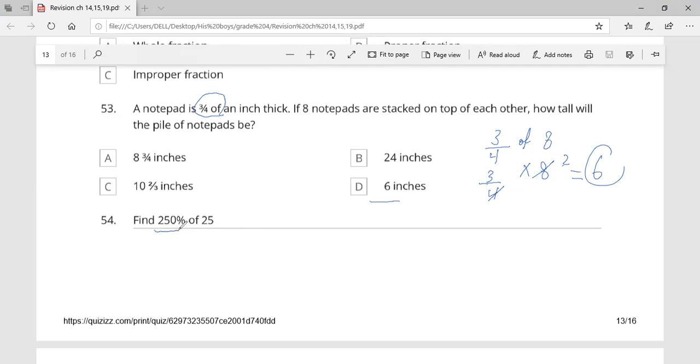It is the same. But as we said in the first part of our revision, percent simply means over 100. If you want to find the percent, you multiply by 100. Here is 250 over 100 of multiplication. Yes, we can cancel the 0 and 0. We can multiply 25 by 25.